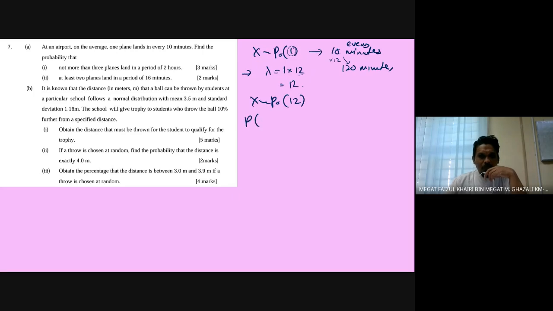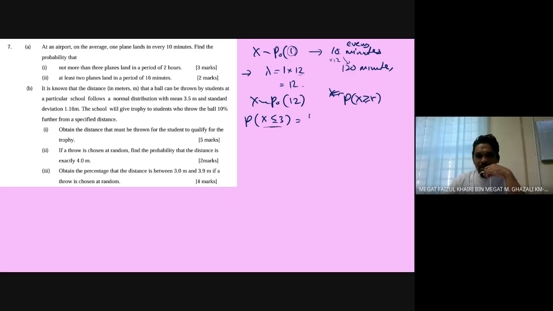Probability of not more than 3 planes landing means that X less than or equal to 3. For Poisson, the table gives you the probability of X greater than or equal to r. But what we have here right now is X less than or equal to 3.